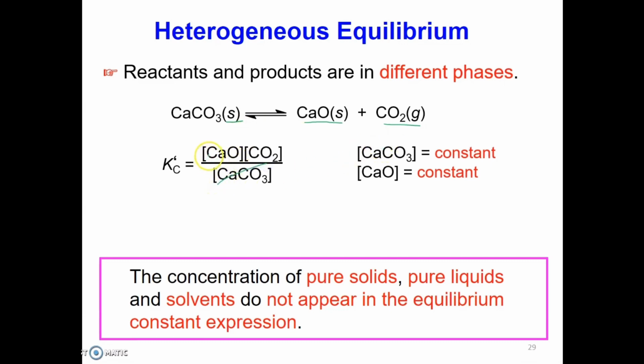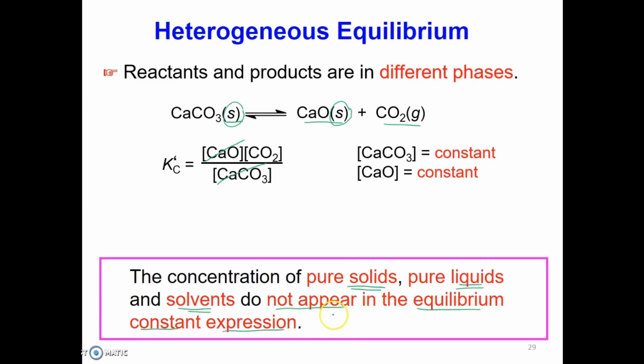could ignore the concentration of CaO and CaCO3 in this reaction, since the CaCO3 reactant appears in the solid phase and the CaO also appears in the solid phase. So the concentrations of pure solids, pure liquids, and solvents do not appear when we are writing the equilibrium constant expression.